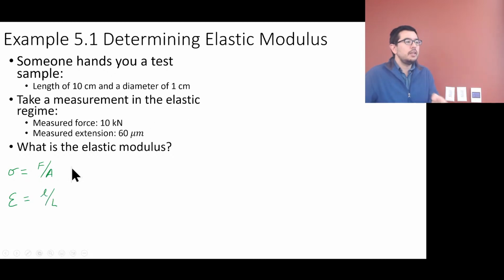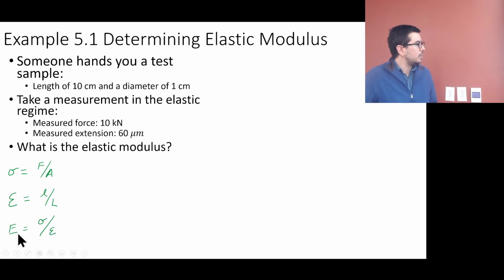Sigma equals E epsilon. How many times are we going to say this? A lot of times this semester. Okay. So how do we calculate epsilon? Epsilon is the extension, so that's 60 microns, divided by the initial length. That's the 10 centimeters. Okay, so we can figure out what epsilon is.